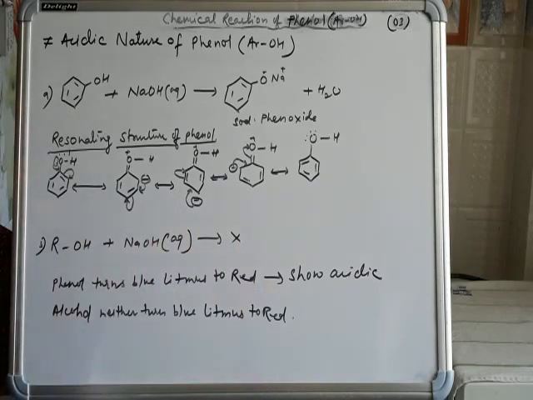Phenol reacts with aqueous NaOH, whereas alcohol does not react with aqueous NaOH. Phenol turns blue litmus to red. Alcohol neither turns blue litmus to red, nor reacts with aqueous NaOH. And now we compare the acidic nature of alcohol with phenol. Which one will be more acidic?